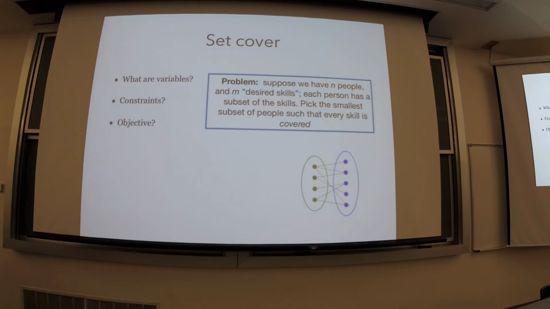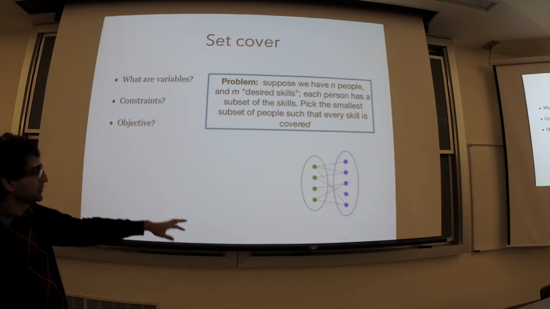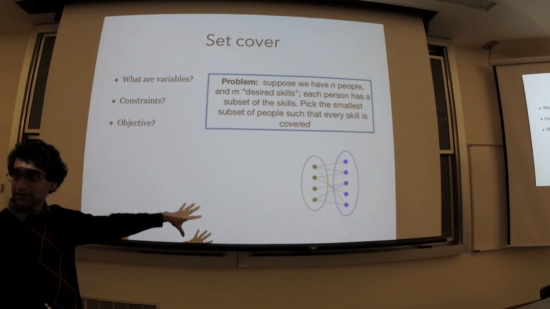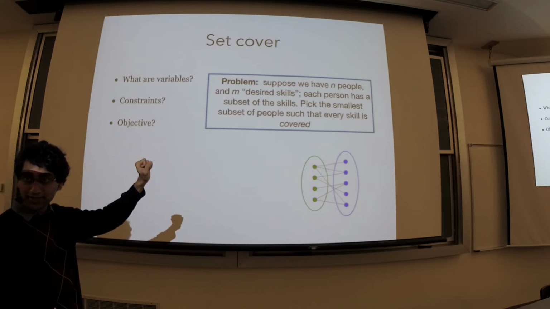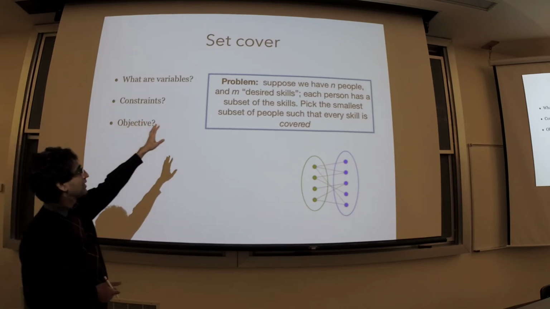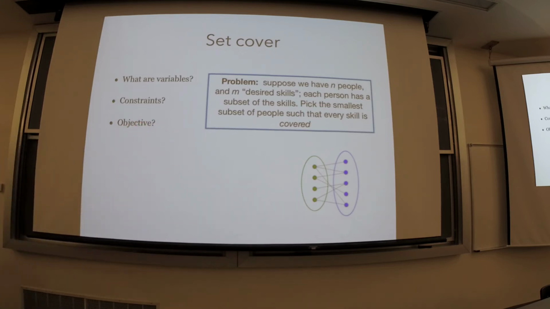All right. So this is another example which we saw last time, which is the set cover problem. We saw it when we were looking at greedy algorithms. If you remember, this was our first example of an approximation algorithm. So the problem was you have n people and m desired skills, and each person has some subset of these skills.